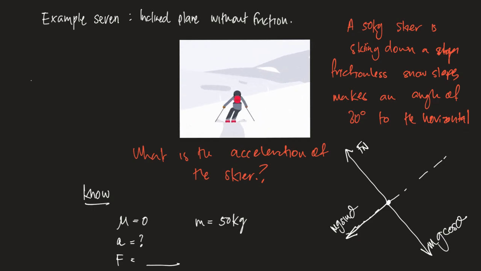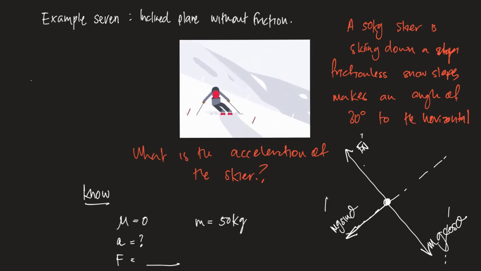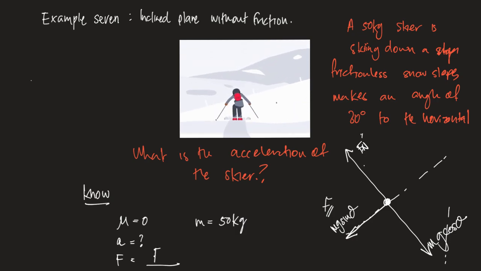Now, in this situation, I know that the force of the normal and the mg cos theta, your perpendicular force, are not participating. The only thing that is influencing the motion of my skier is my F parallel.